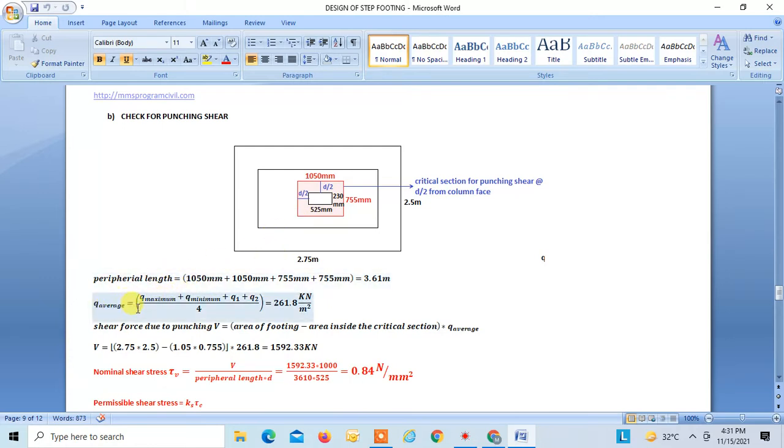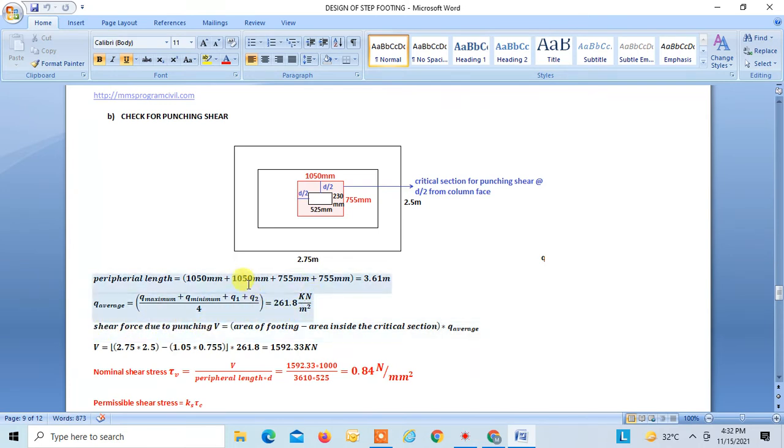For q average you have to take the stresses at the four corners. This is q minimum, this is q1, this is q max, this is q2 at this corner. Add all the q and divide by 4, you will get q average, that is equal to 261.8 kilonewton per meter square. Now we want to find the shear force.